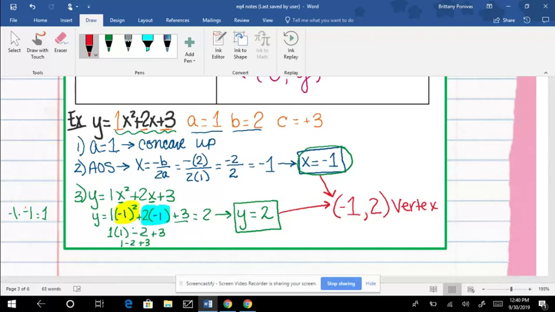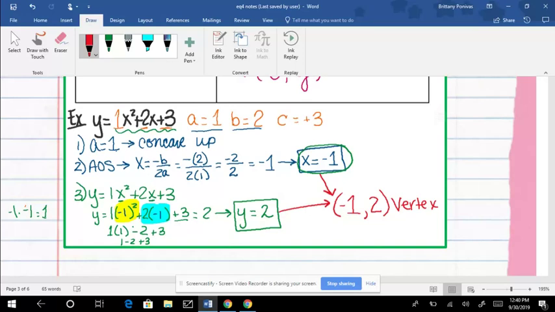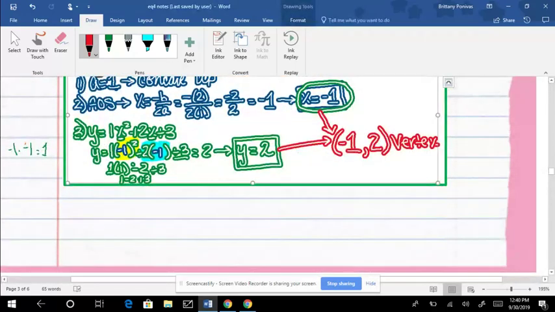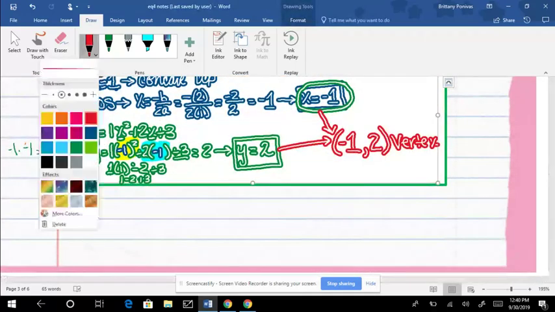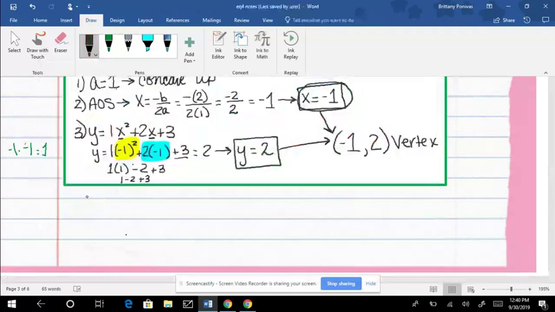I am not going to do increasing, decreasing intervals for this example because there's not enough space on this page. So glue this down, and then we will go ahead and do key feature 6 underneath.